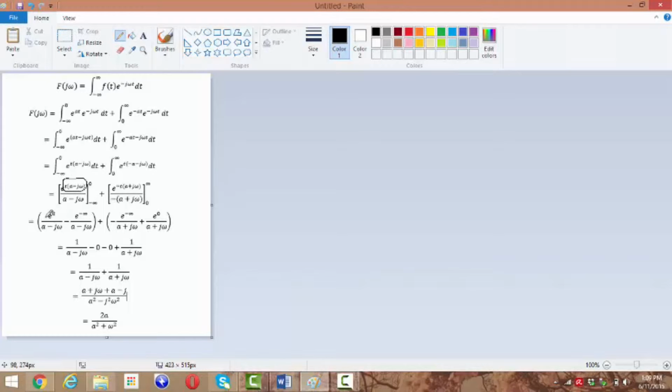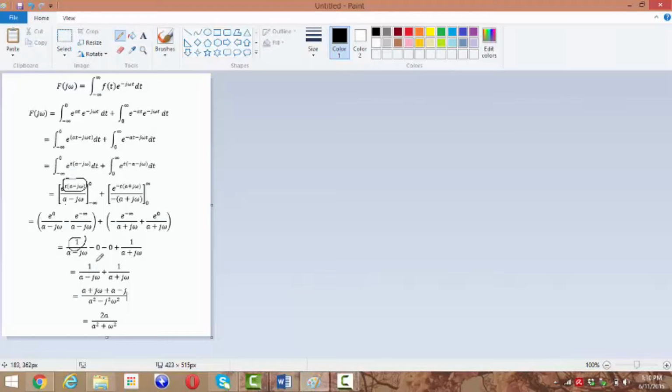Next we plug in the values of 0 and minus infinity for the first equation, and 0 to infinity for the second equation. Exponential 0 equals 1, so we get 1 here over a minus j omega. Exponential negative infinity, we get 0, and the same goes to exponential minus infinity, we get 0 too, and exponential 0, we get 1.